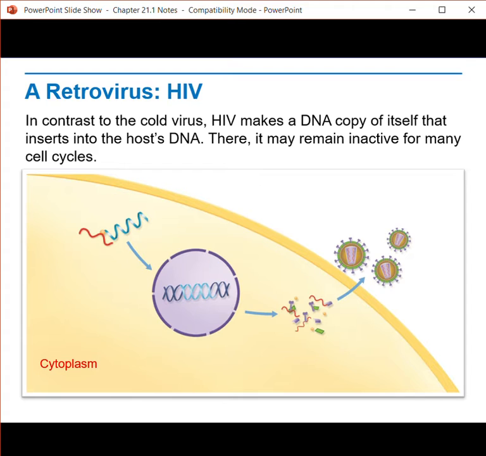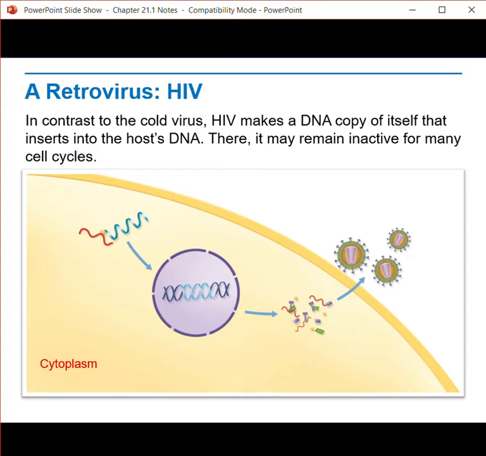The deadly disease that we call AIDS is actually called acquired immune deficiency syndrome. That is where we get each of the letters from for AIDS. A is for acquired, I is for immune, D is for deficiency, and S is for syndrome.